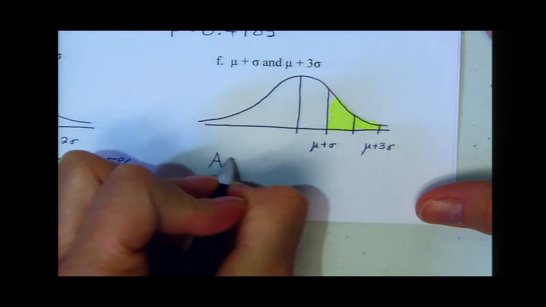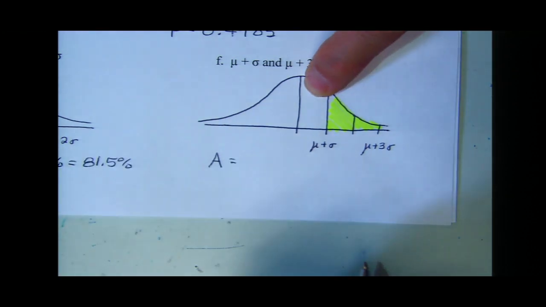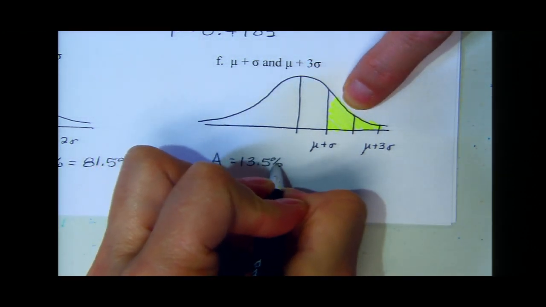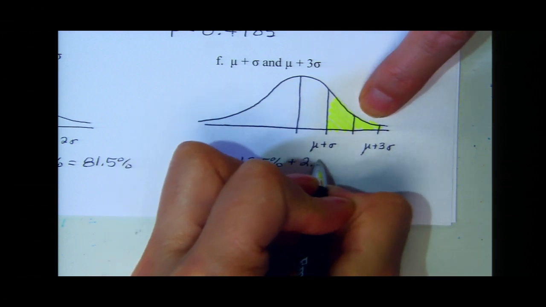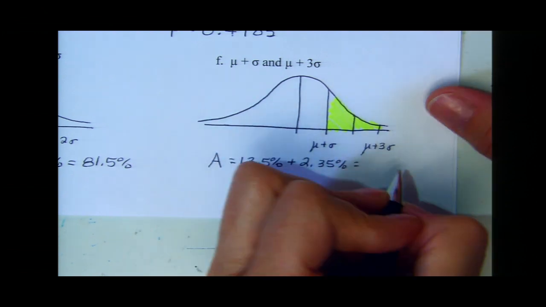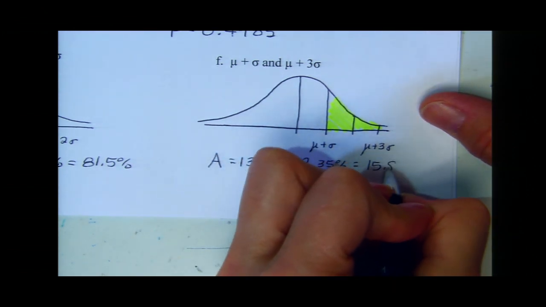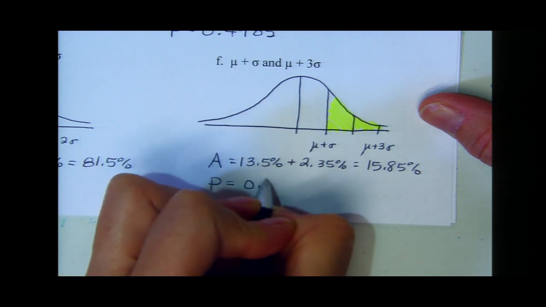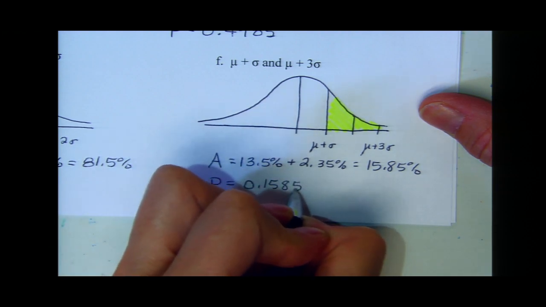So to find the area, we did not include the 34, but we have the 13.5% and we have the 2.35%, which is 15.85%, or as a probability, 0.1585.